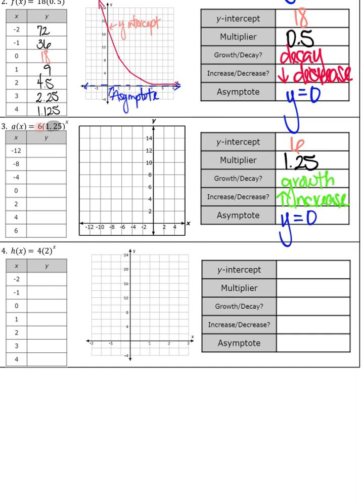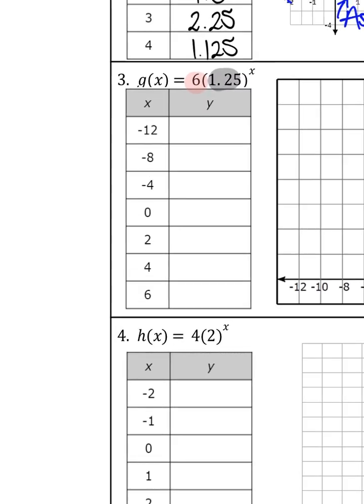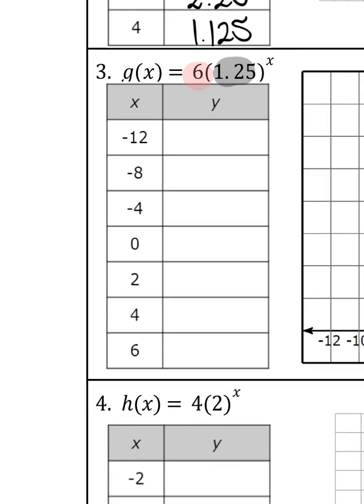I want you to go ahead and put this into Desmos exactly as you see it. We have g of x. You can also put y, but g of x is equal to 6 times 1.25 raised to the x power. We're going to convert that to a table, and then it gives us all the information.